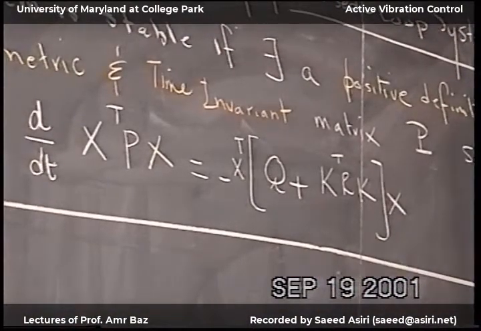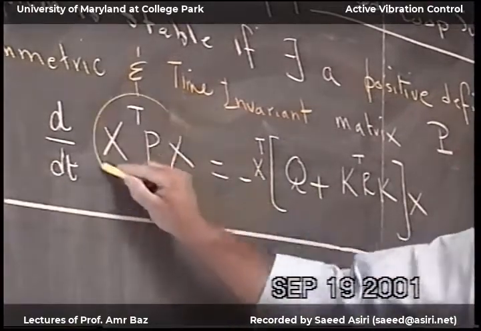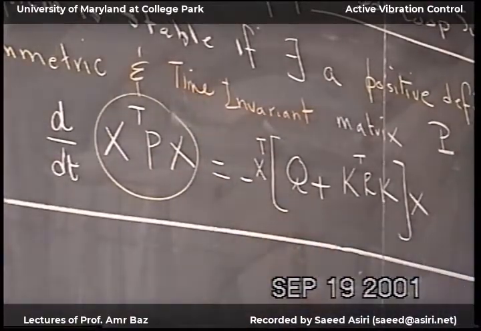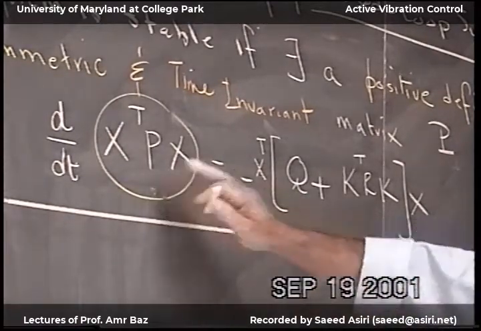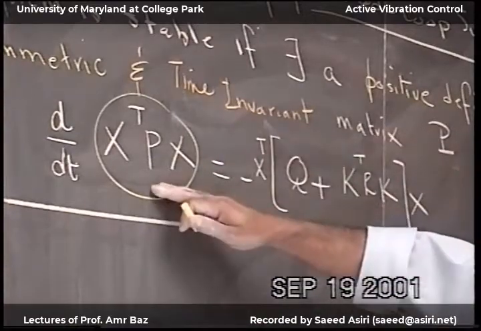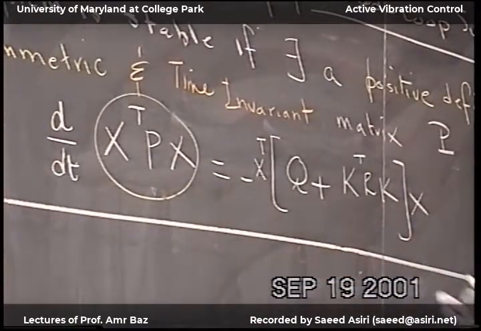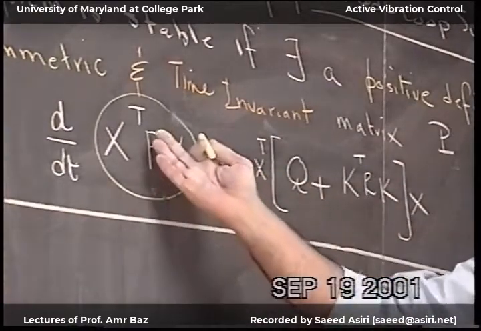And again, you can look at this as we did a couple lectures ago, and it was in the homework, that this defines some Lyapunov function, which is a positive definite function.